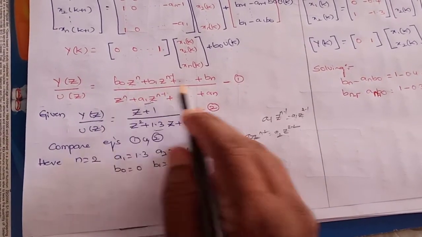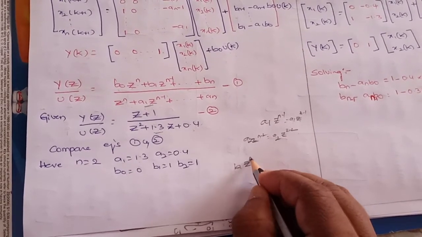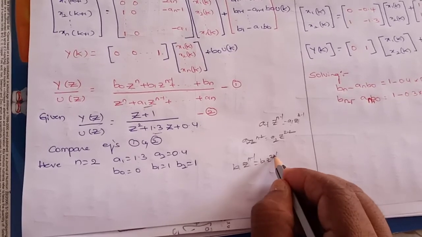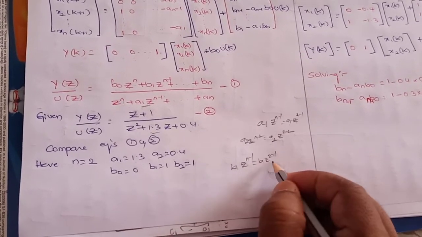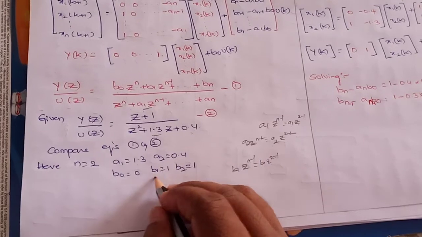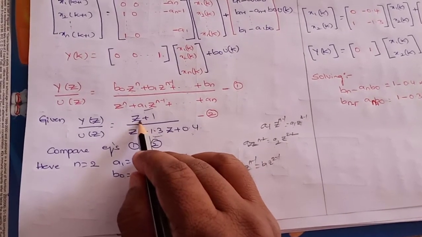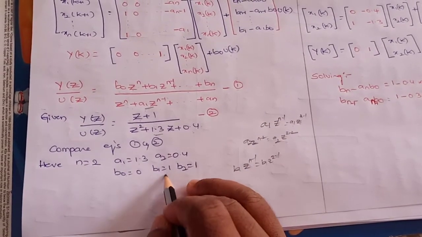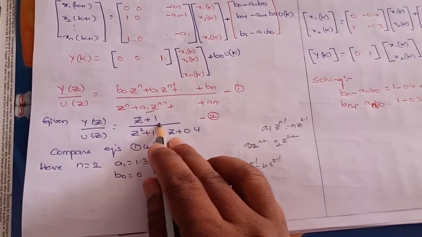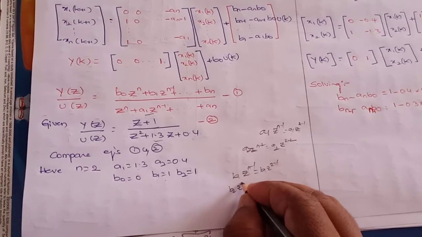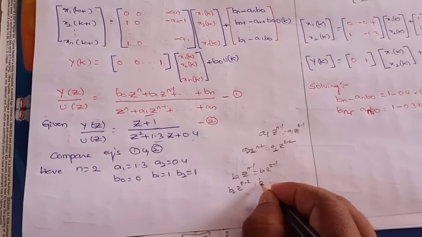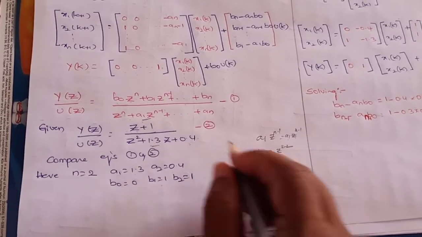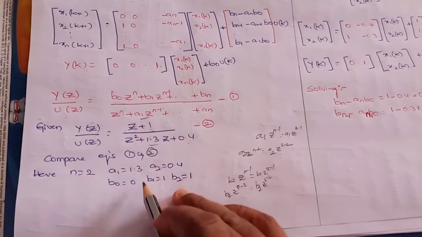The second term is b1 z power n minus 1; substituting 2, that is z power 2 minus 1, which is z power 1, z into b1. Here you can see z into something is 1 into something, so b1 becomes 1. Next, b2 z power n minus 2, that is b2 z power 2 minus 2, z power 0 is 1, 1 into b2 is b2, so b2 equals 1.